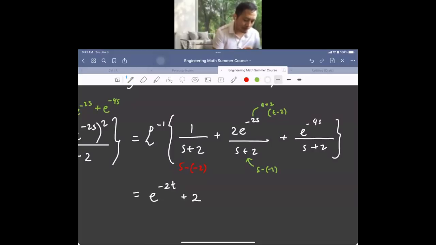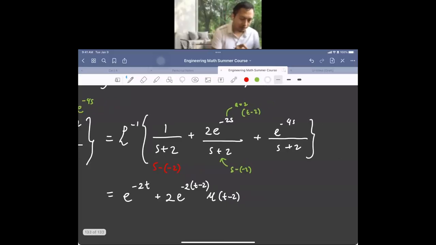So this is plus twice of the same function, e to the power of negative 2, but the t is translated to t minus 2 because of this a equal 2, and then we also need to write its Heaviside translation.